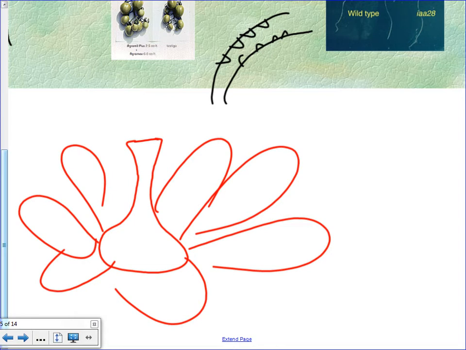Everybody with me there? Now, when pollen normally lands on this part, this is called the stigma, when the pollen lands on the stigma, a little reaction happens here that creates a little tube that goes down to this part, which is the ovary. Plants have ovaries. They're in the flowers.